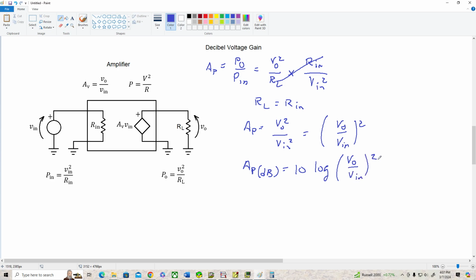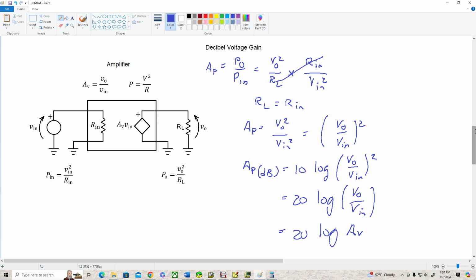But the rules of logarithms tell us that we can bring this exponent down and multiply this coefficient, which gives us the power gain as 20 times the log of V out over V in, or equivalently 20 times the log of the voltage gain A V. So these are our power gains expressed in terms of the voltage gain. And if you've ever wondered where that 20 comes from, that's it.